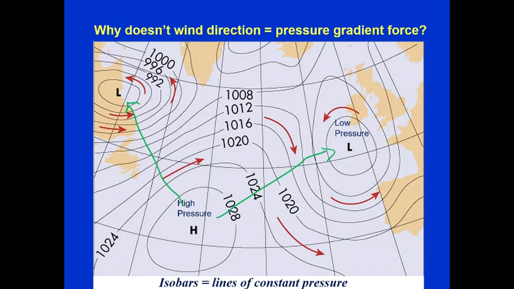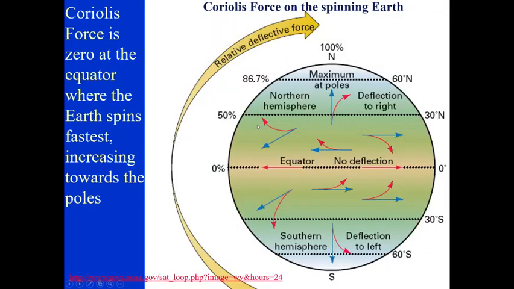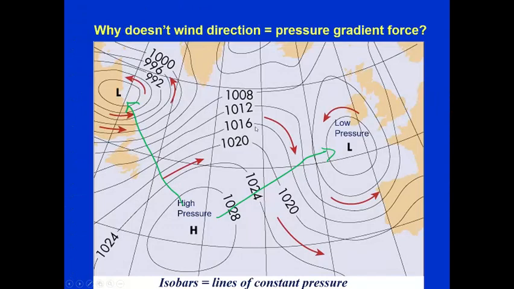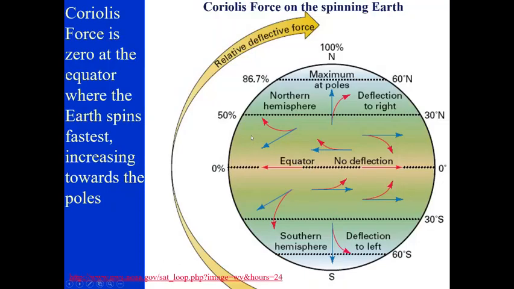So what's actually causing it to deflect and move to the right of the pressure gradient force is something called Coriolis force. And Coriolis force is a fictive force. This means it's sort of, in a way, imaginary, but it does play a role in understanding why air moves in the way that it does, and why wind blows in the way that it does.